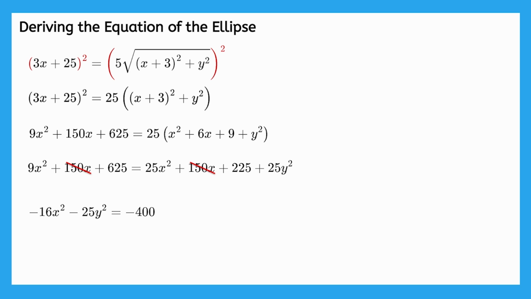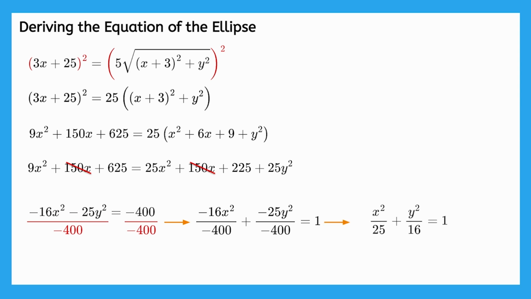Lastly, we'll simplify these numbers by dividing both sides by negative 400 in order to get a positive one on the right side. On the left side, we divide each term by negative 400 and simplify all the fractions. Doing so leaves us with x squared over 25 plus y squared over 16 equals 1. We call this the standard form of the equation of this ellipse.